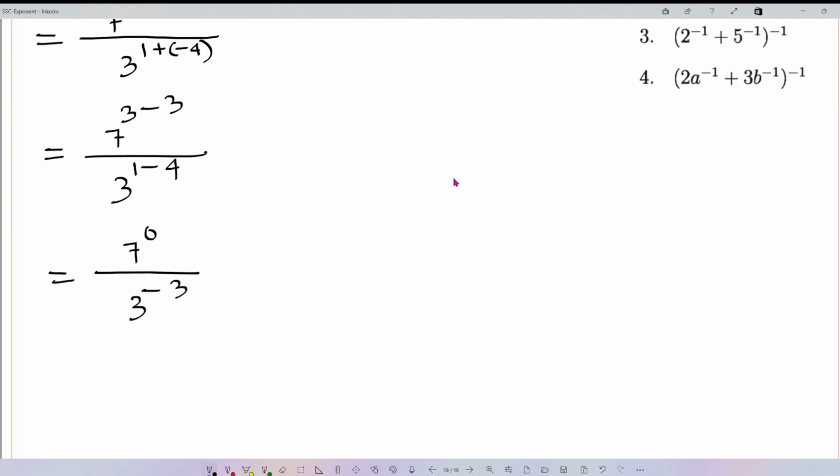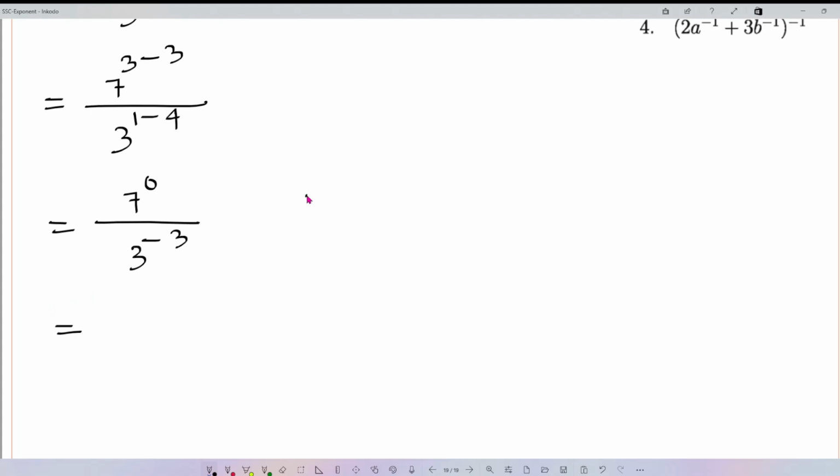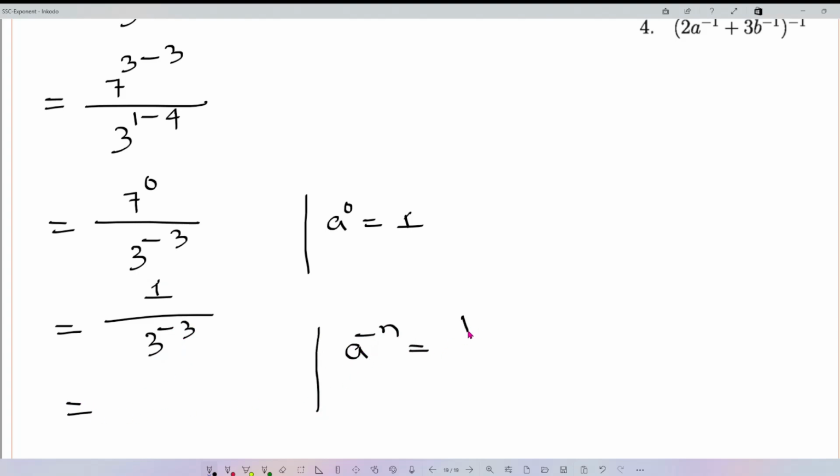We know another thing, a to the power 0 as per the indices law means 1, so we can write this as 1. And this is 3 to the power minus 3, and also we know a to the power minus n equals 1 by a to the power n.